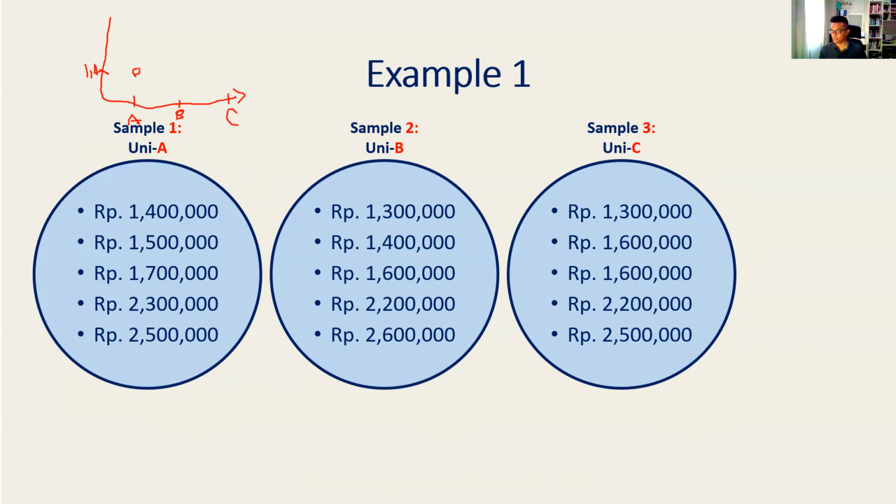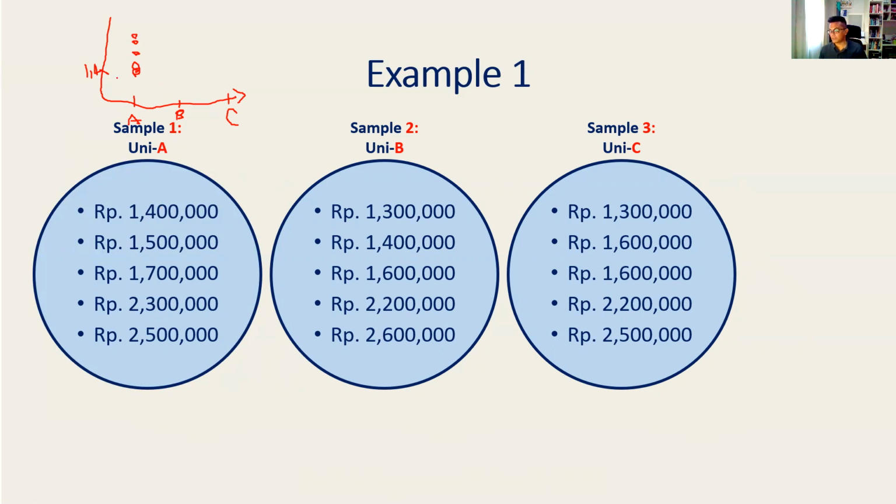The second respondent is about 1.5. The third respondent is 1.7, and then 2.3 and 2.5. So this is the dot plot of the data in the sample.